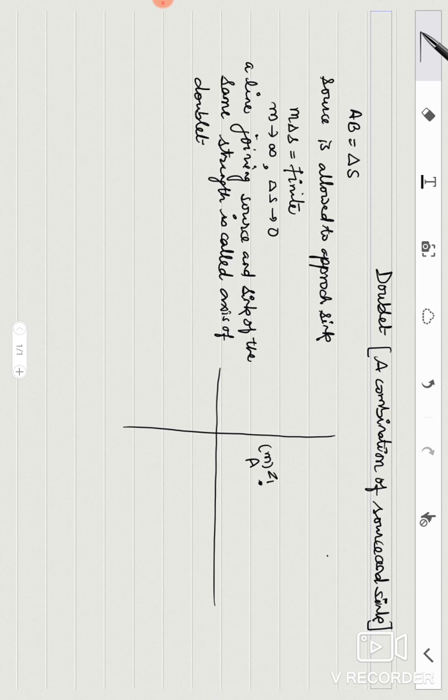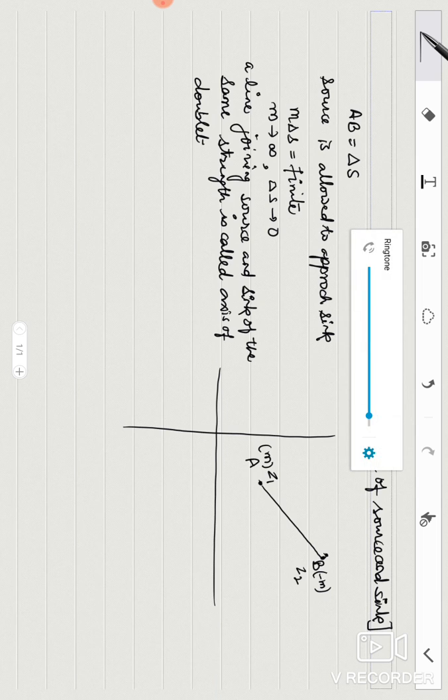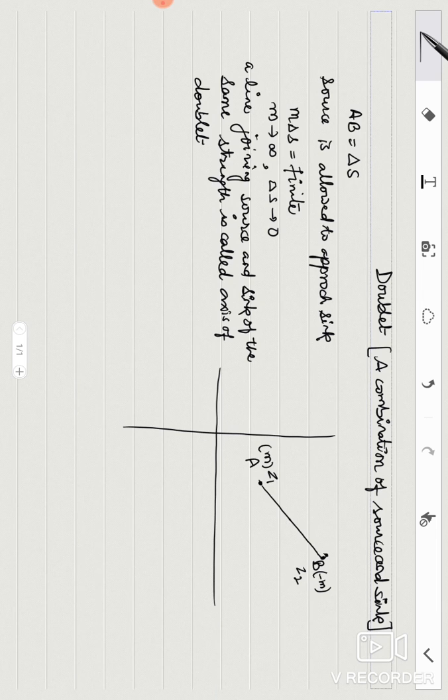And I have another point B, where I am writing minus M, which simply means that I have a sink here. Let the location of this point be Z2. Then joining A and B, I will get the axis. AB is the axis of the doublet. Now take the middle point of it.